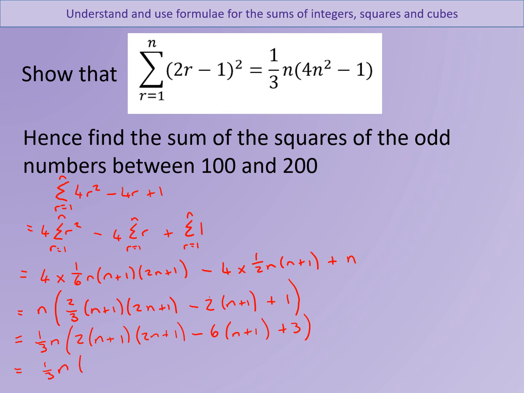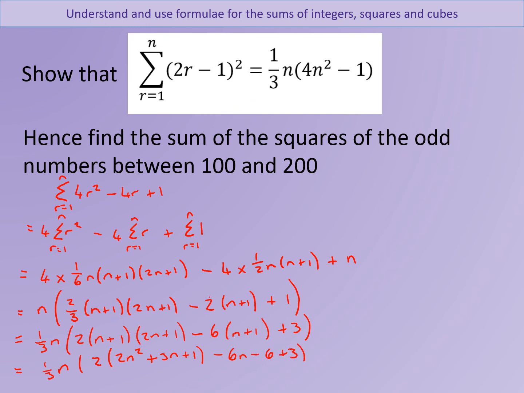And then what is left, just being careful to expand this, I've got 2 times, that is going to become 2n squared plus 3n plus 1. Then I've got minus 6n minus 6 plus 3.